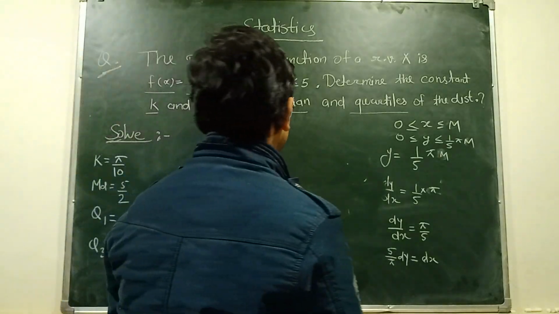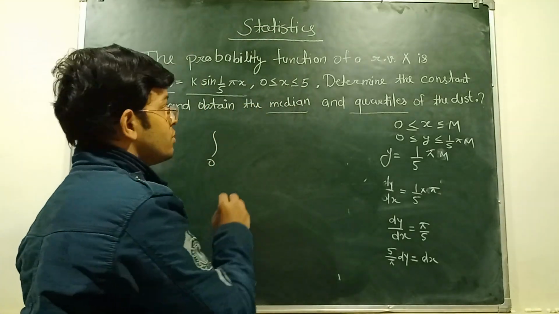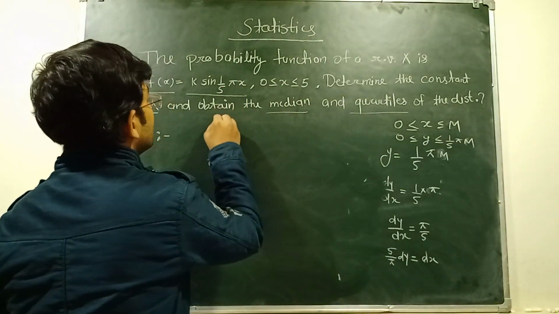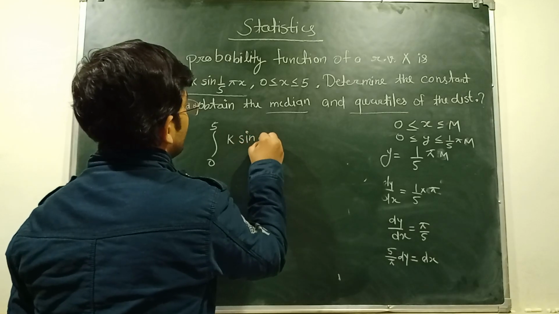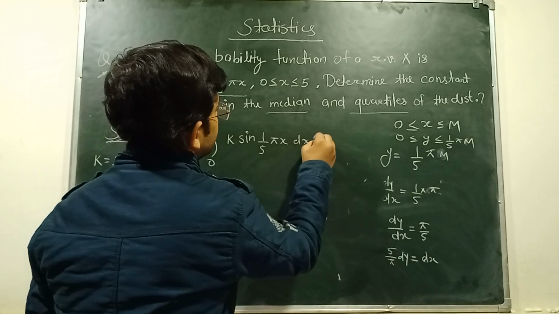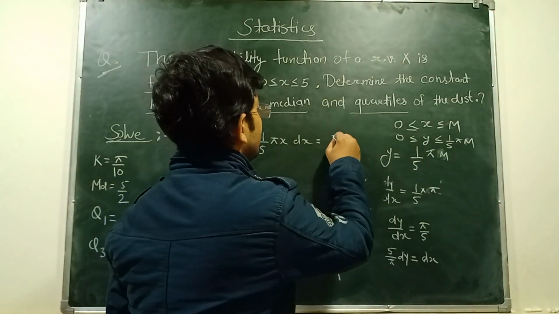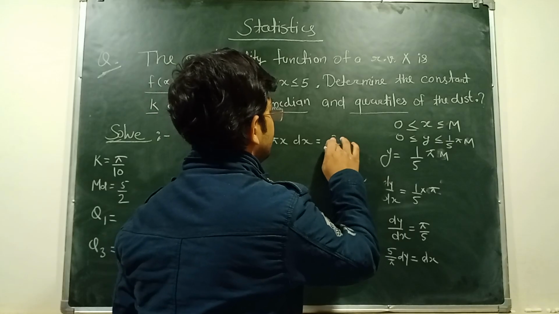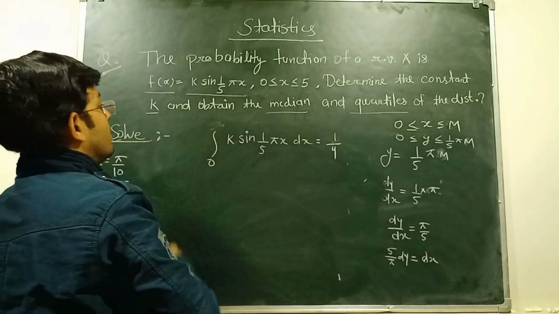So how to calculate q1? Suppose 0 to q1 of 1 upon k sine 1 upon 5 pi x dx is equal to, sorry, not 3 by 4, the 1 by 4.